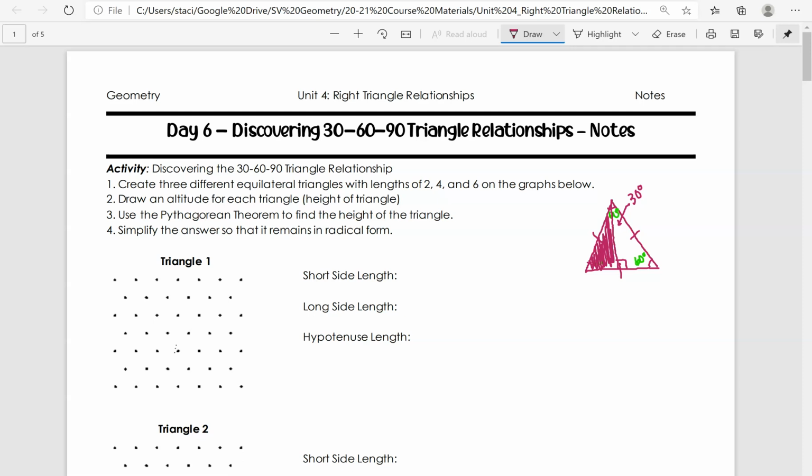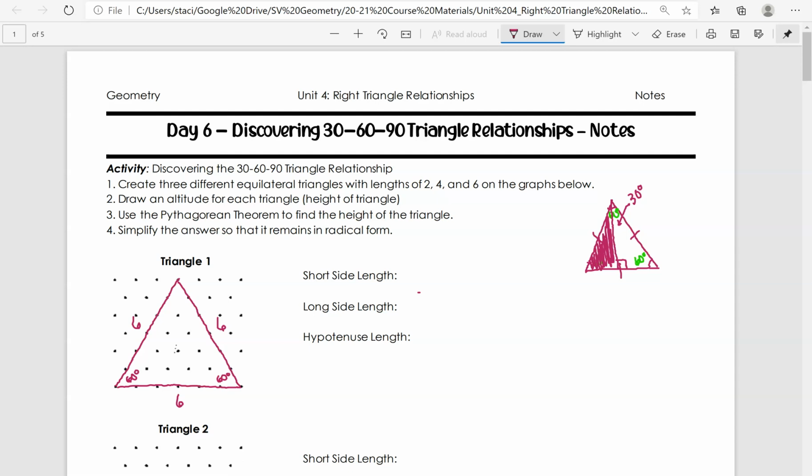So I'm going to draw a length of 6 in, and I'm going to label all of these sides as 6. Because this is equilateral, I know that all of my angles are 60 degrees. I'm not going to mark that top one; you'll see why in a second.